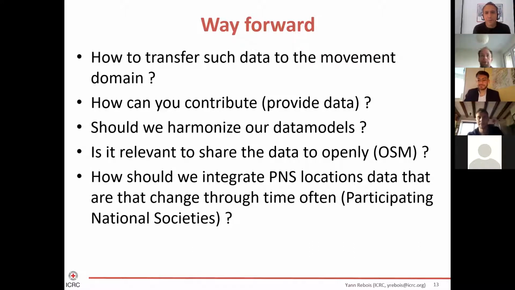Yeah, thanks. Totally agree. So you say you had the 3 existing databases, or perhaps more. The data is super detailed in some countries and then missing from others. Is that just dependent on where the ICRC has been active? Exactly. As the ICRC is mainly working, as you know, in armed conflict areas, for sure our data set is more complete in those locations.